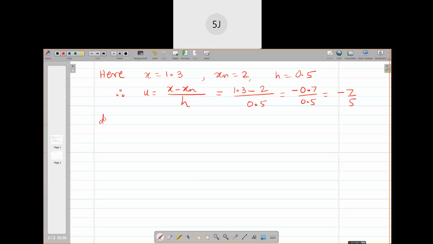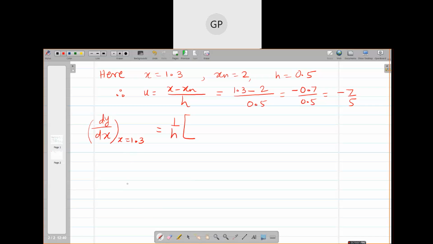Okay, now we will be using the formula of dy by dx at x equal to 1.3. So what is the formula? Now this formula must involve u.